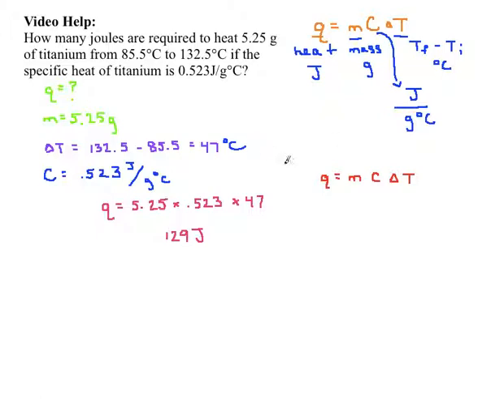They're exposed to the same amount of heat from the sun, so Q stays the same. Since the specific heat for metals is really small, in order to keep the Q the same, the change in temperature is going to have to be really large. As a result, since metals have a really small heat capacity, their temperature changes quite a bit when they're exposed to a certain amount of heat.